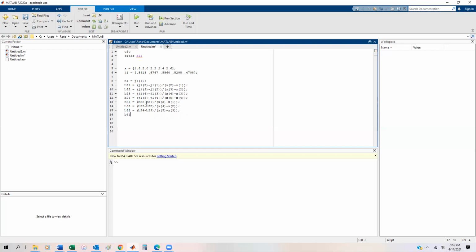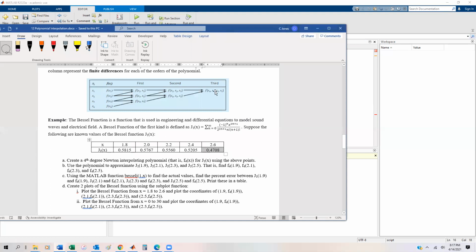So I'm going to get B41. And that's going to be equal to B32 minus B31. And now our span, if we look at our chart for our third order polynomial, it's going to go from 4 to 1. So each time we're just increasing the span of our finite differences.